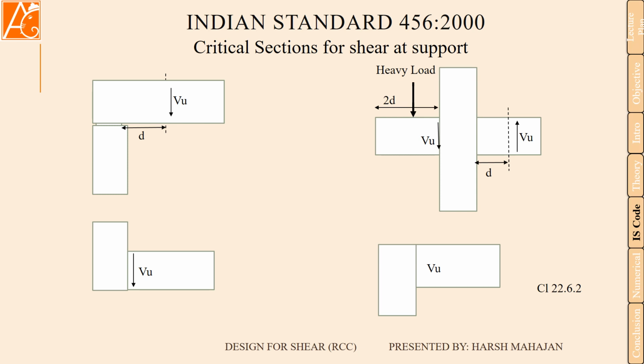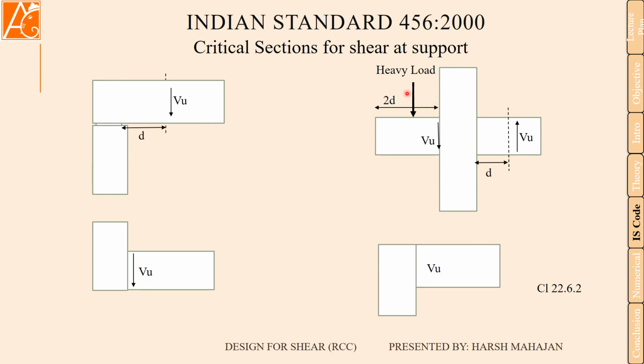Critical section for shear at support. Clause number 22.6.2 gives these diagrams. First of all, shear will be maximum at the support, as you see from the shear force and bending moment diagram. If a simply supported beam is considered, then the critical section will be at d depth from the support.